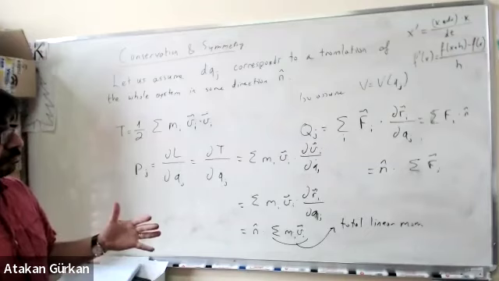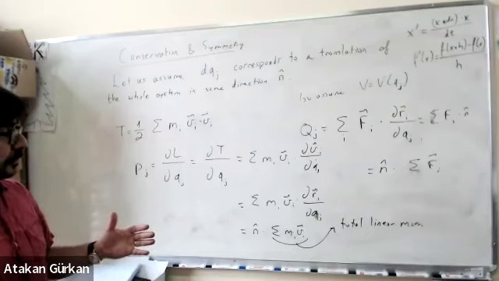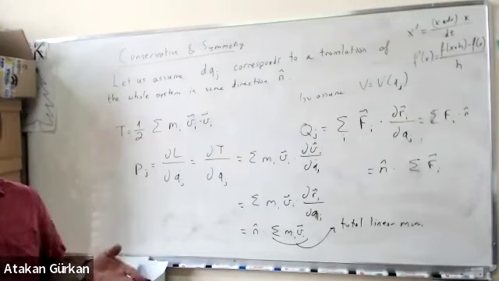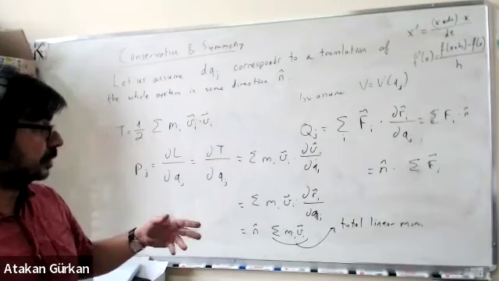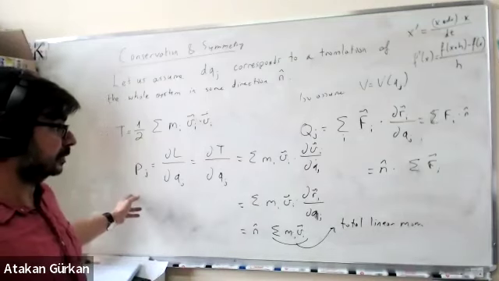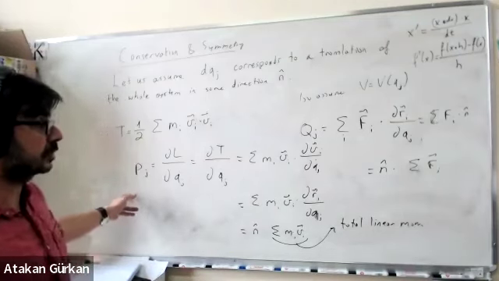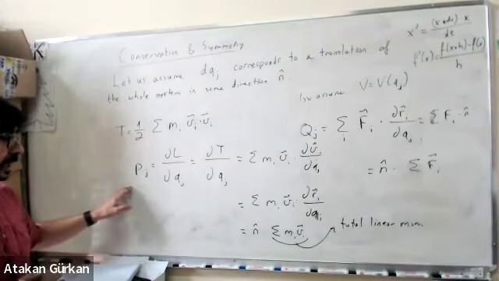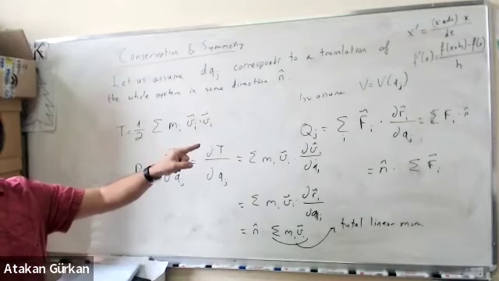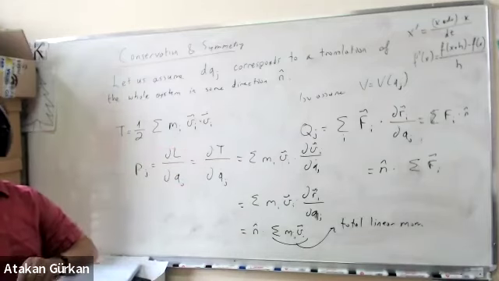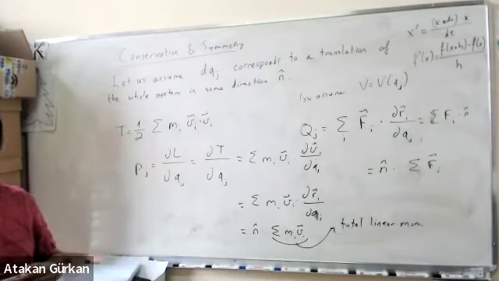Okay, so one thing we can do is that if this coordinate is cyclic, then this is going to be conserved, right? But if that coordinate is cyclic, then the force is going to vanish. Right? So this is again the relationship between the conservation of momentum and the lack of forces.